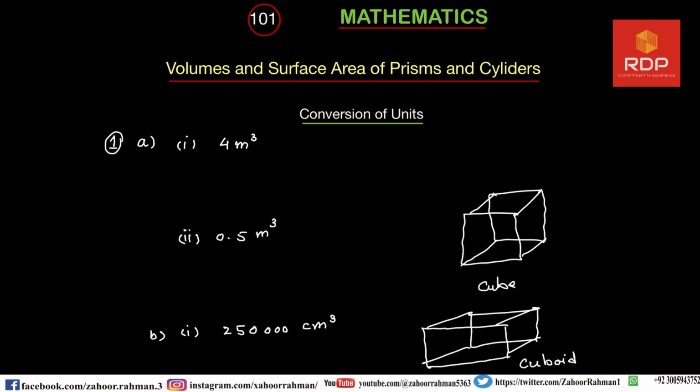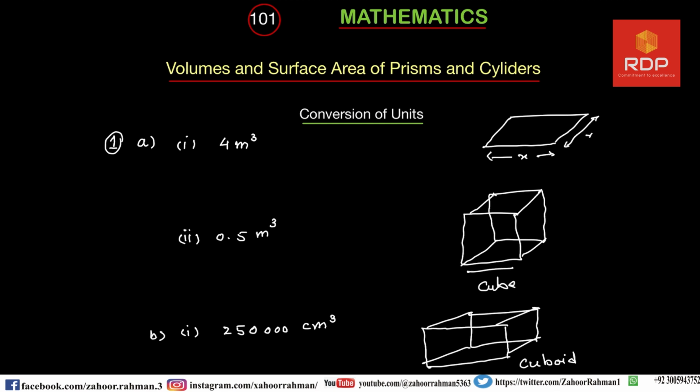So keep these things in mind before jumping into the world of volume. Remember that volume is three-dimensional. Area is two-dimensional, a flat surface in which there is only an x-axis and a y-axis.